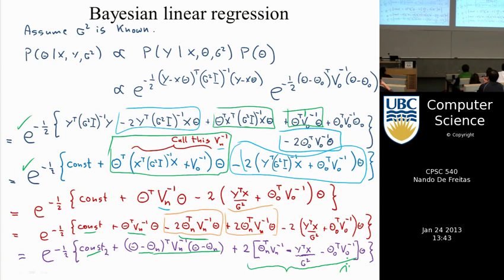If I can massage this expression so that it looks like this, then I will know what this constant is, because that constant is what must make this sum to 1.